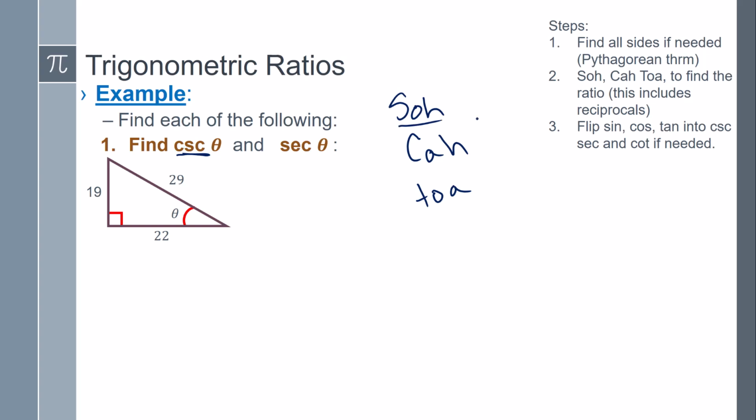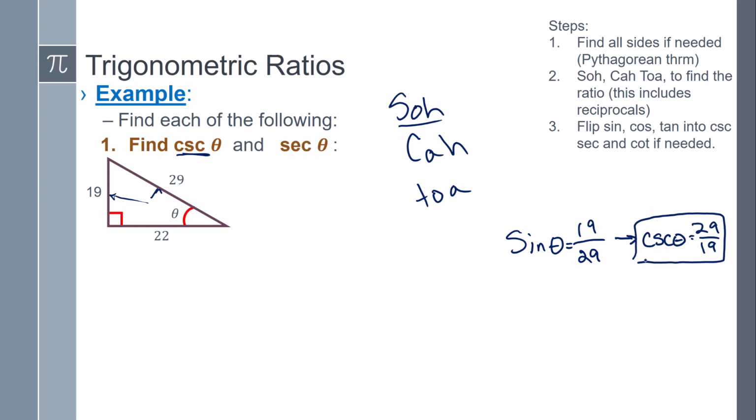So I'm going to find the sine ratio. The sine of theta equals opposite over hypotenuse, so 19 over 29. Now I can find cosecant. The cosecant of theta just means you flip it. They are reciprocals of each other.